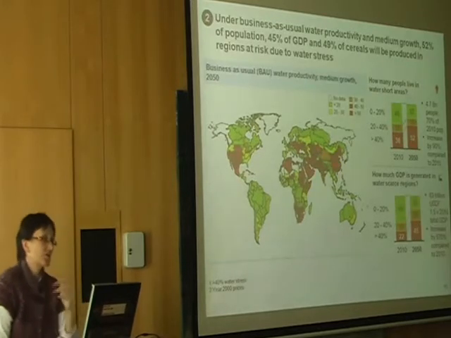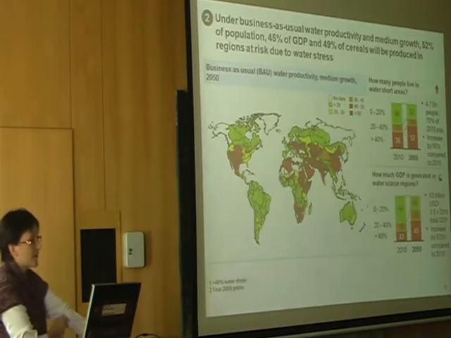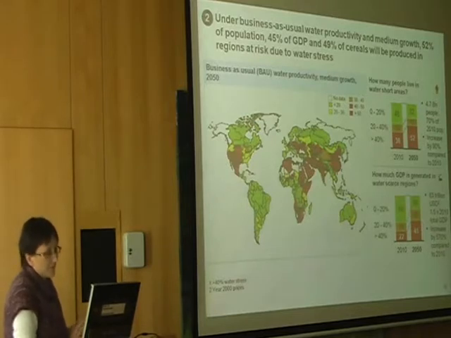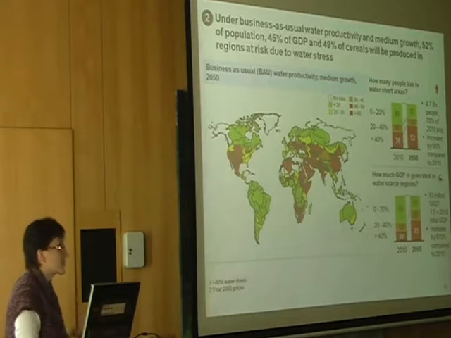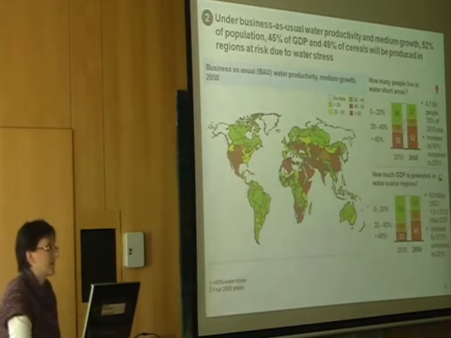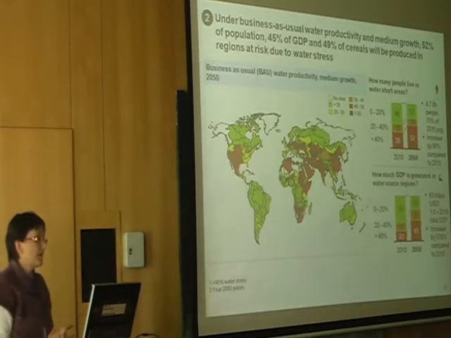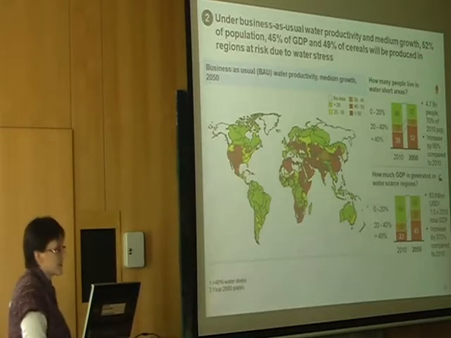And then if you go out to 2050 using that business as usual scenario, with historic, current, projected changes in productivity improvement, we do see that water scarcity increases, and I think we probably all expected that. Slightly more than half of the population and almost half of global GDP and cereal production would be in these regions at risk of water stress.